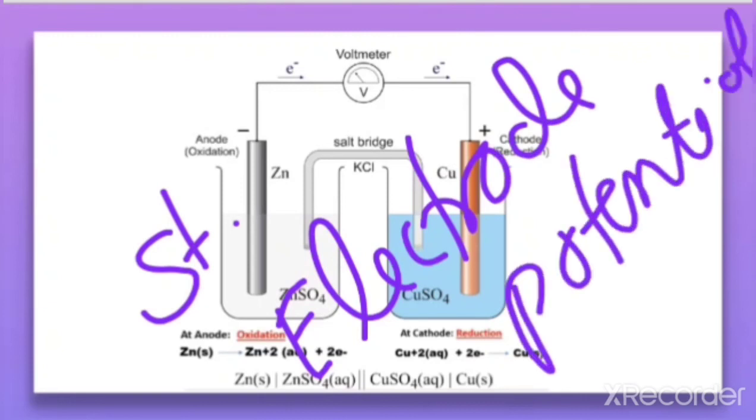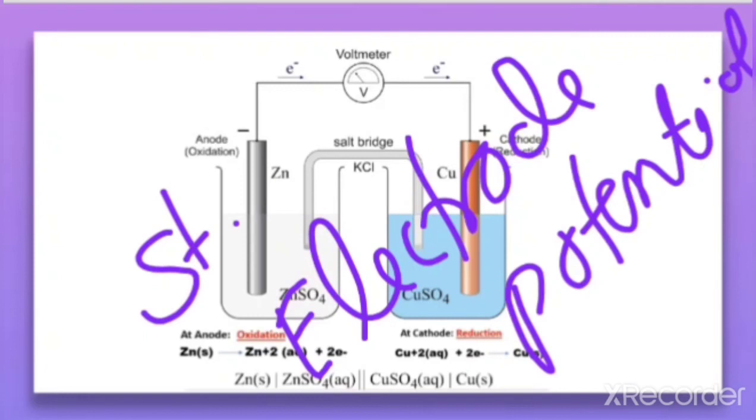So what is standard electrode potential? When the conditions are taken as standard, that is the concentration is taken as unity, that is 1 M, and if it is a gas, it is taken at 1 atmospheric pressure, at 298 Kelvin, then the potential of each electrode is called a standard electrode potential.